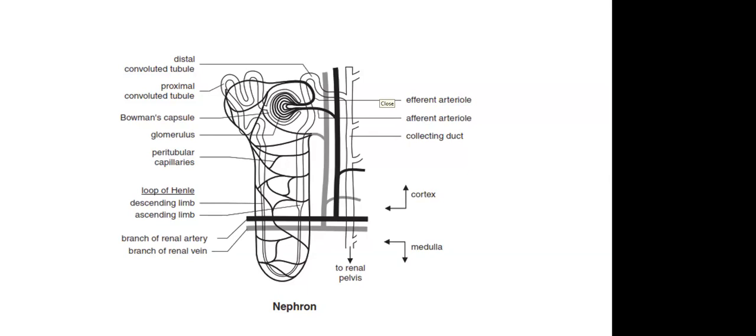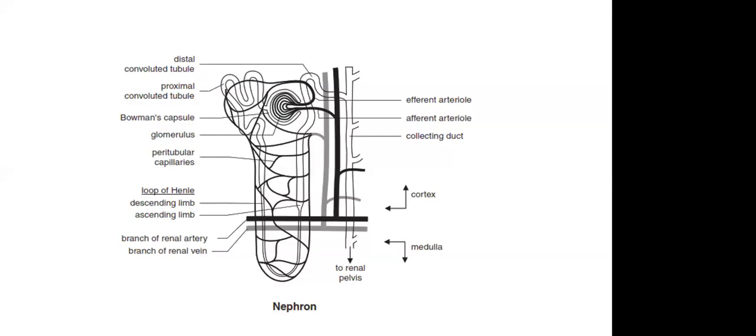Well, at our level at S4, we don't emphasize what happens in each of those loops. But what we need to know is that in the loop of Henle, there is reabsorption of water. Animals that have long loops of Henle tend to reabsorb much more water than those that have shorter loops.